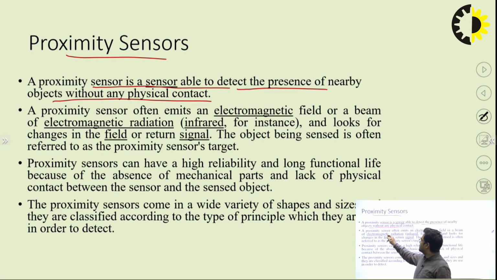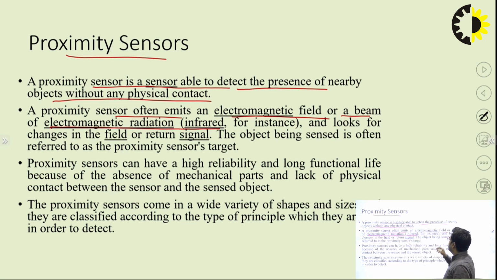A proximity sensor often emits an electromagnetic field or a beam of electromagnetic radiation. It may be an electromagnetic field or an electrostatic field. It may give electromagnetic radiation, that is infrared, and it looks for changes in the field and gives the return signal.